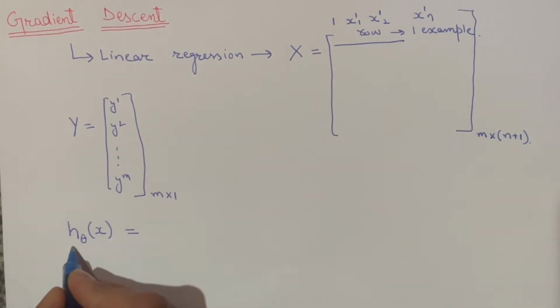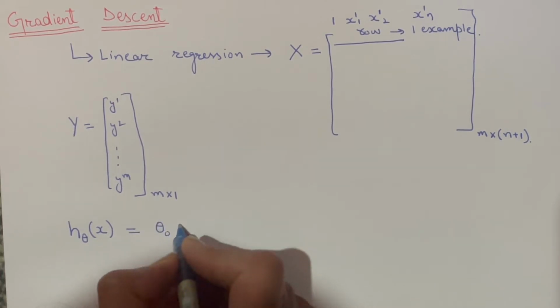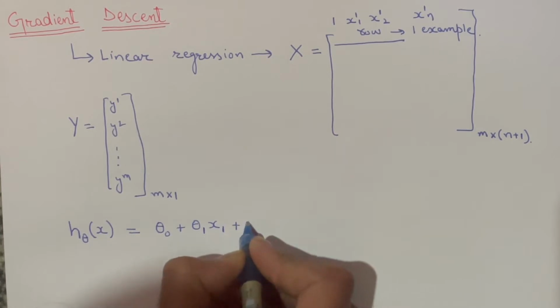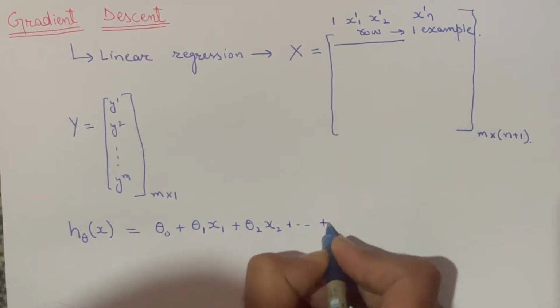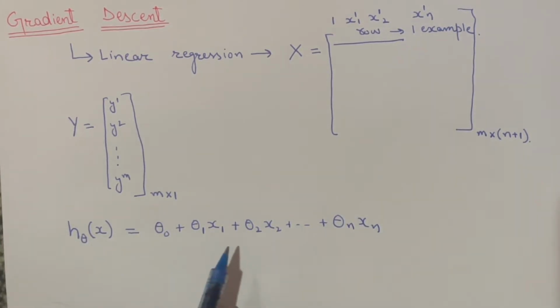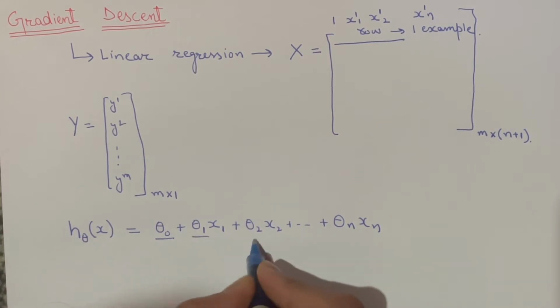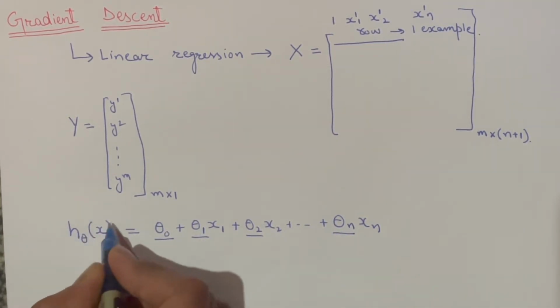This hypothesis function is equal to theta 0 plus theta 1 x1 plus theta 2 x2 plus ... plus theta n xn. So how many features are there? n features.